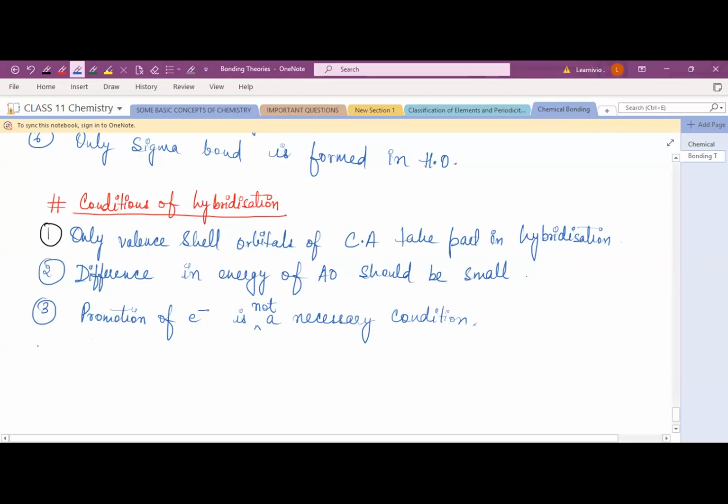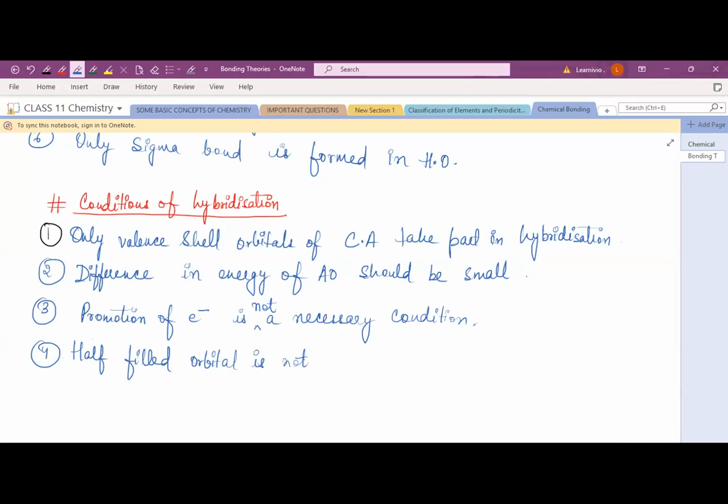Okay, last point, last condition is half-filled orbital is not a necessary condition. Sometimes fully filled orbitals, hybridization may take place. But in the half-filled electronic configuration, what happens?